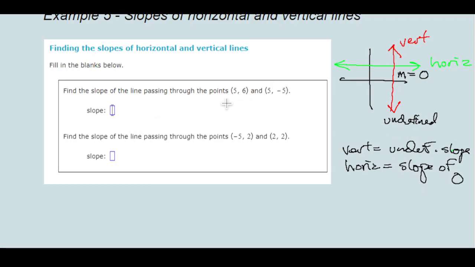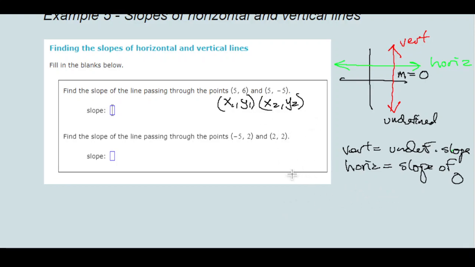If you remember that, you'll be in good shape. Now, when you do these, this problem says find the slope of the line passing through the points (5, 6) and (5, -5). Hopefully you realize that my x coordinates are the same, so the points are stacked on top of each other. It's not moving in the x direction.